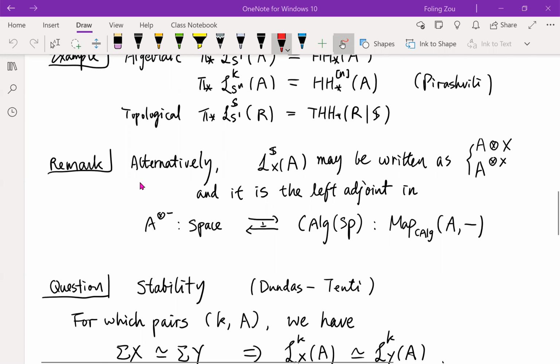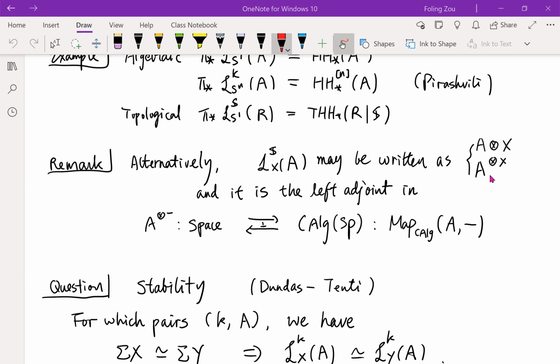Okay, so alternatively, we could think of this definition in another way. We can write this as A tensor X or A to the power of X, depending on which notation you use. In the first notation, we use the fact that a commutative algebra or E-infinity algebra is tensored over spaces, and this is the tensor of the commutative algebra over a space.